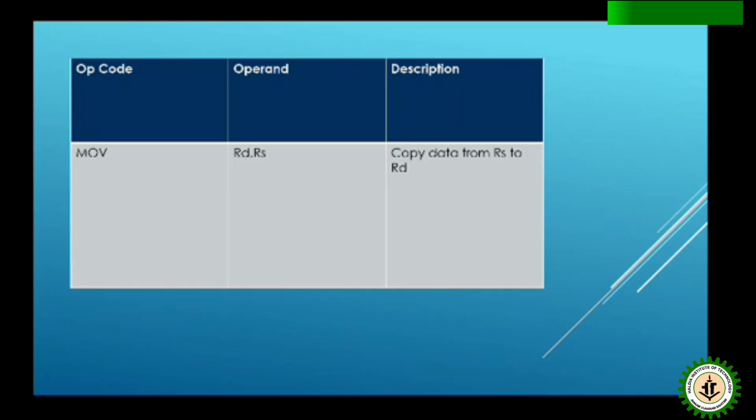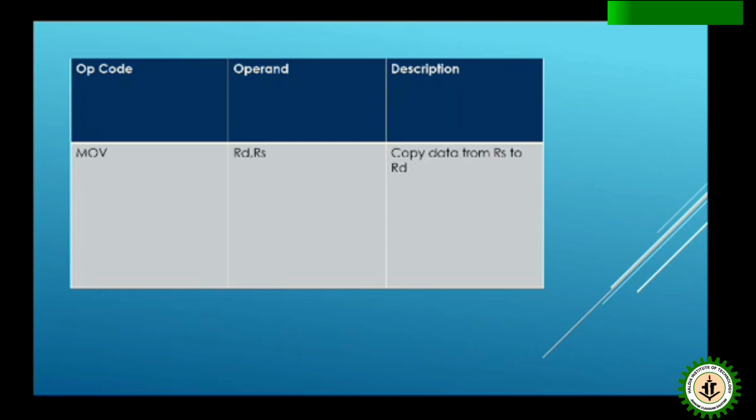Source register means where the data is, and the register where I should copy the data is called the destination register. So if I write MOV C, B, that means B is the source register, C is the destination register.